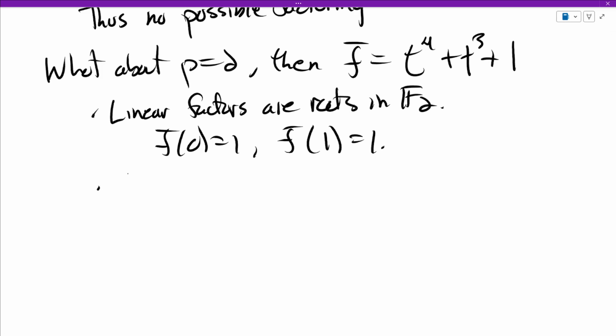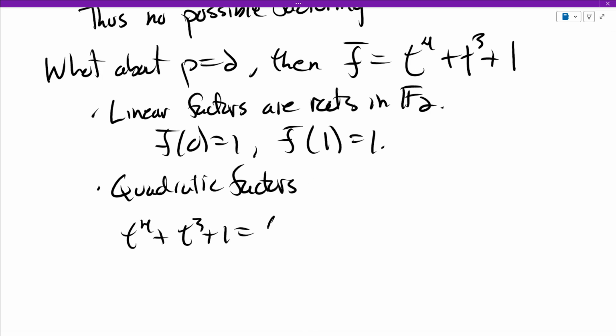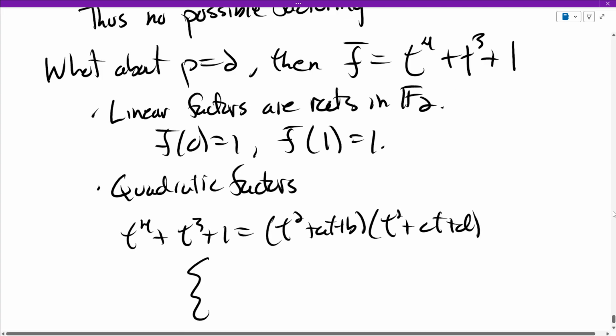And then you might say, well, let's look for quadratic factors now, because you have to rule out all possible types of factors, not just roots. So you say t to the fourth plus t cubed plus 1 is t squared plus at plus b times t squared plus ct plus d. And you're going to get a similar set of equations.